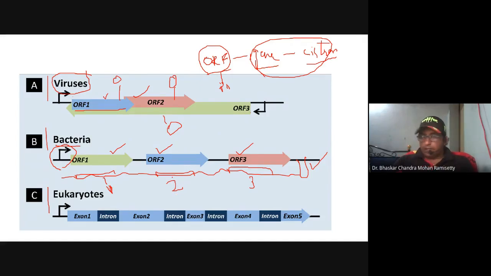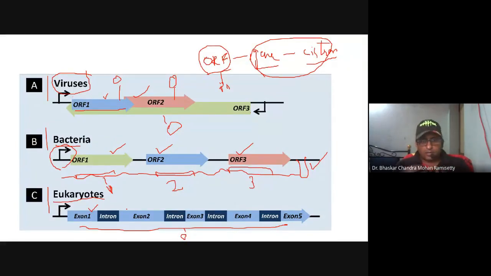The next level of advancement is in eukaryotes. In eukaryotes, they are monocistronic. That means one promoter produces one mRNA, which usually produces only one protein. But the genes are interrupted. What is an intron?